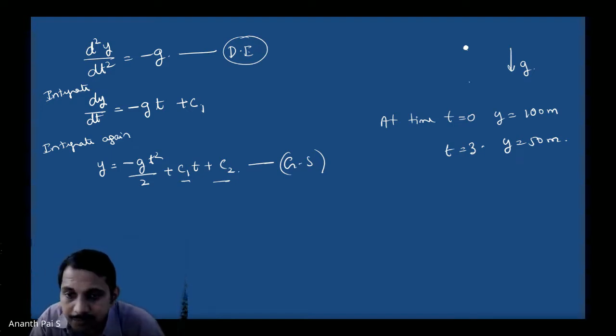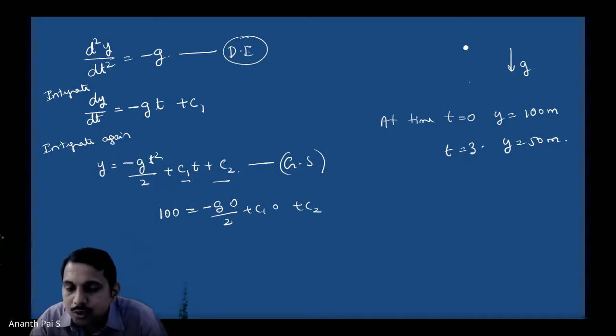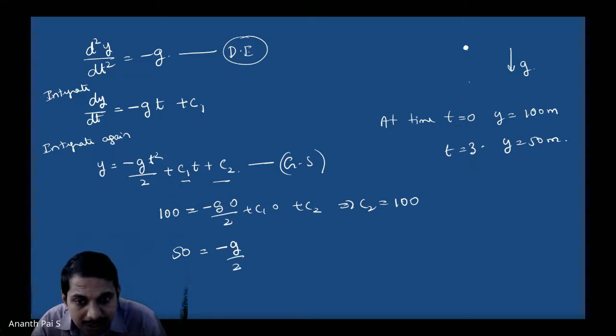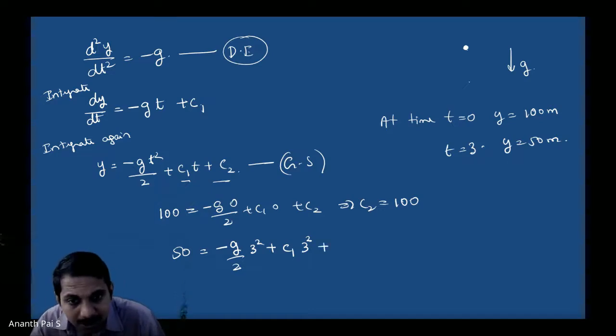Now we can see y is equal to 100 is equal to minus g into 0 by 2 plus c1 into 0 plus c2. So you got c2 is equal to 100. And then to find the c1, we have y is equal to 50 is equal to minus g by 2, t square is 3 square, plus c1 into 3 plus c2, which is 100.